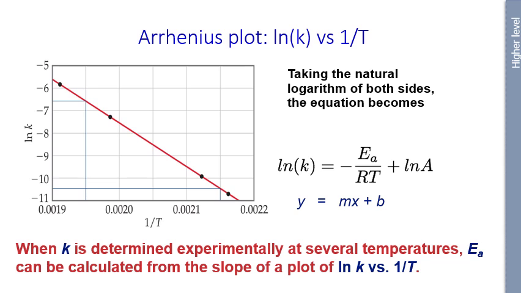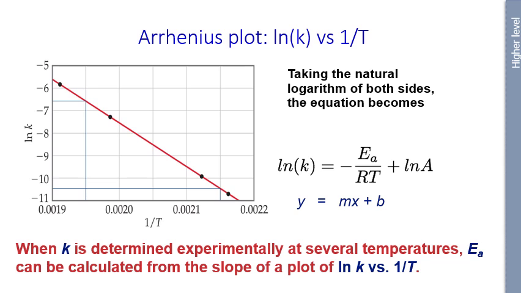So you can use an Arrhenius plot. If you plot the natural log of the rate constant against 1 over the temperature, you will then discover by taking the natural log of both sides that you get a y equals mx plus b relationship, where b is going to be a determination of this Arrhenius constant, and the gradient will be a reflection of the activation energy.